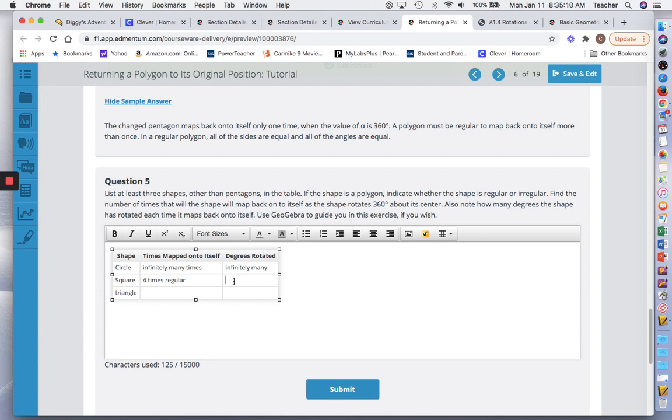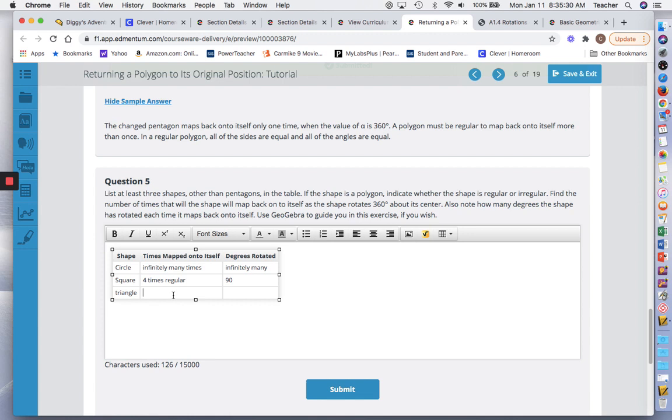I can do 90 plus 90 is 180. Or I can do 90 plus 90 plus 90 is 270. Or I can do 270 plus 90, that's 360 degrees. So degrees rotated would be 90. 90 plus 90 plus 90 plus 90 is 360.